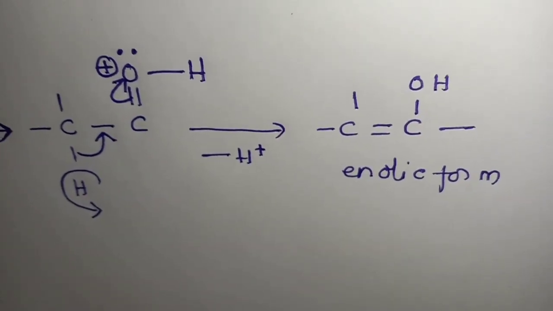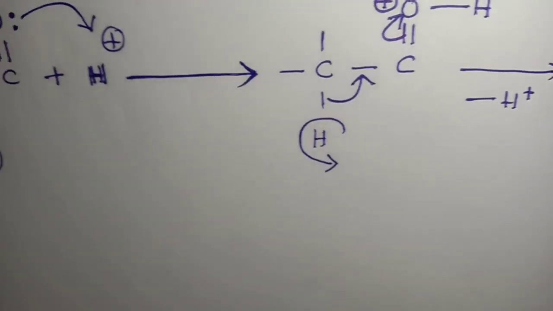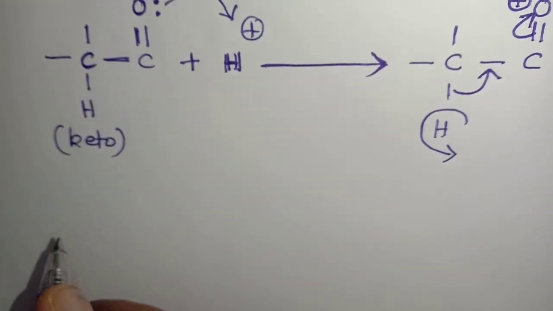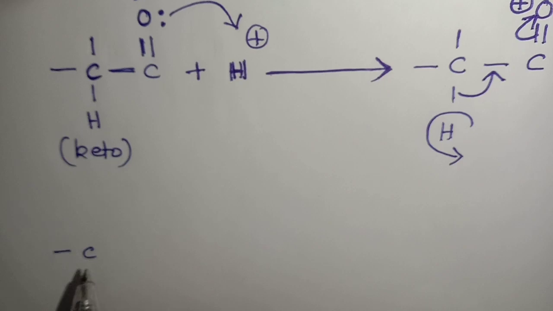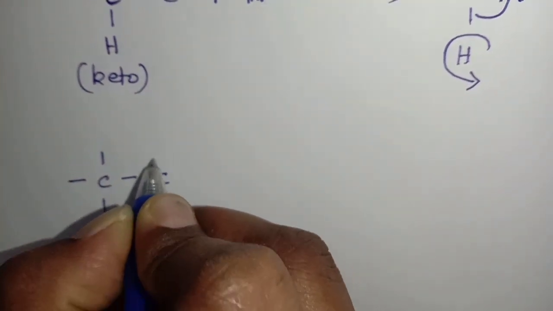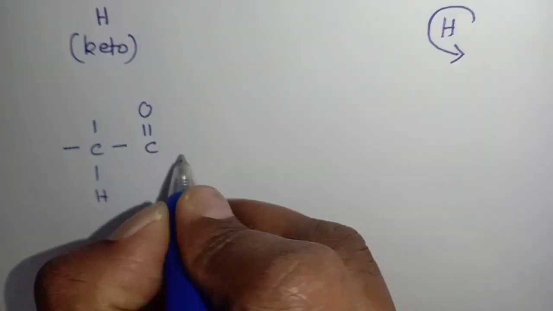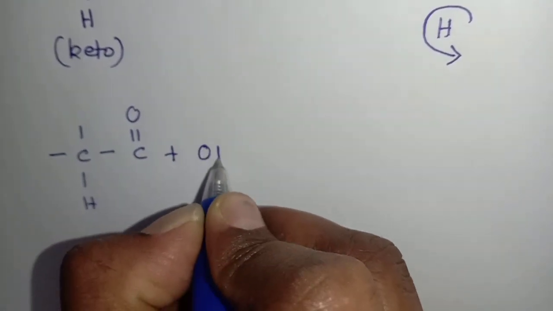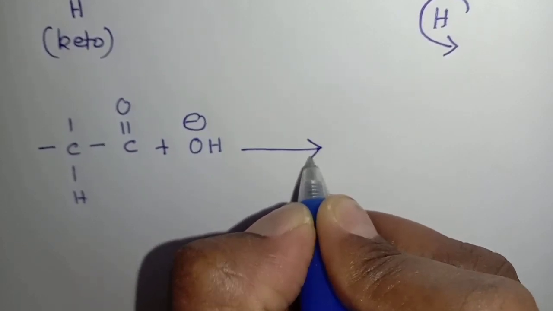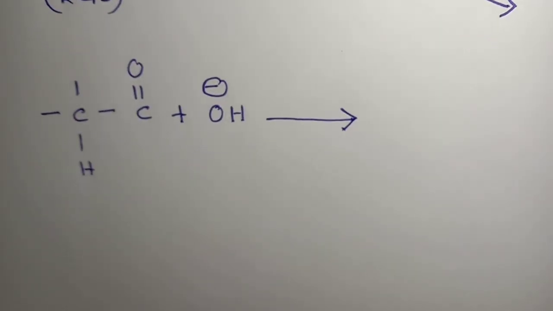So keto form in the presence of an acid undergoes this rearrangement and finally converts into enolic form. This can be catalyzed in the presence of a base also. Taking the same keto form, write down here C double bond O. Now taking a base, that is OH minus, which is called hydroxide ion.